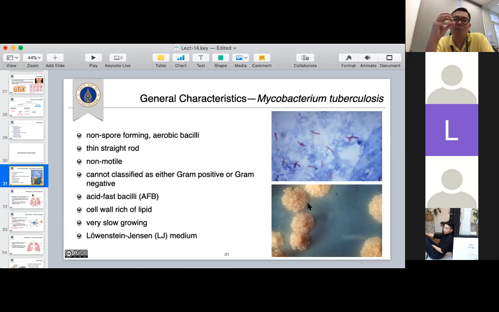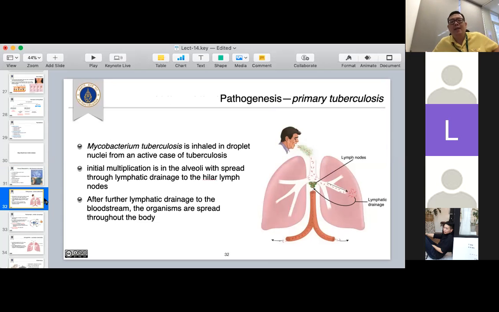They clump to be very rigid and clumpy. The cell wall is rich in lipid because these are AFB cells, okay? They infect the lung. The mechanism of infection is very immunogenic.